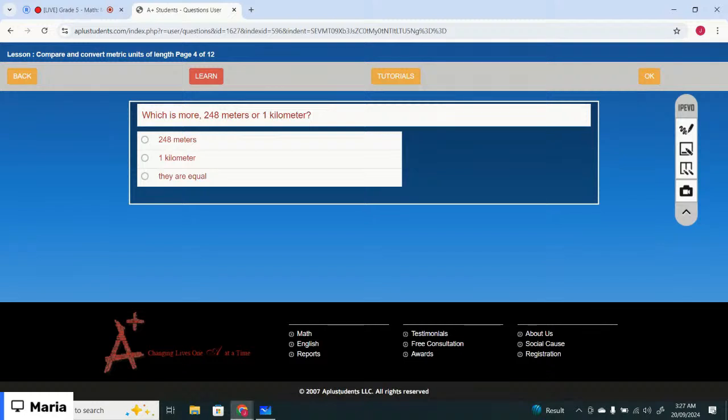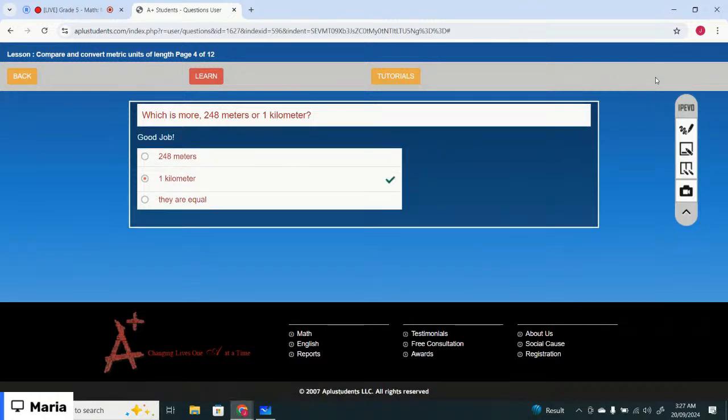Yes, 1 kilometer, because in 1 kilometer you have 1000 meters. So obviously 1000 meters is more than 248 meters, right? Think logically.